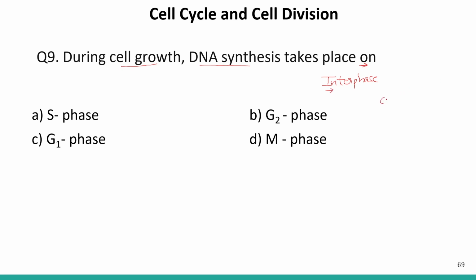If we talk about the cell cycle, it is divided into interphase and then we have the M phase or the mitotic phase. Interphase is further divided into G1 phase, then we have the S phase and the G2 phase, and then the actual cell dividing stage known as M phase. Alright, so options are S phase, G2 phase, G1 phase and M phase.